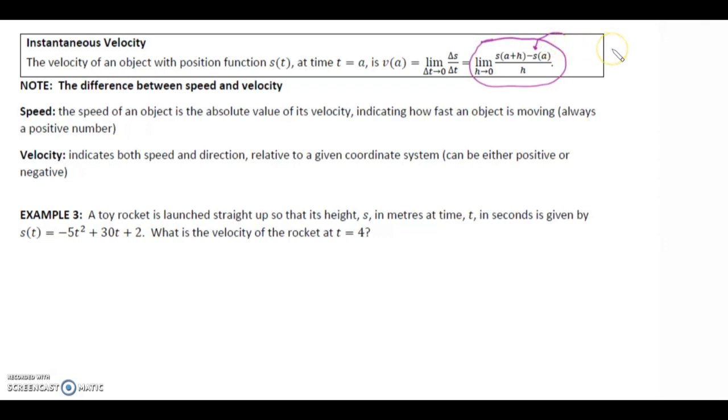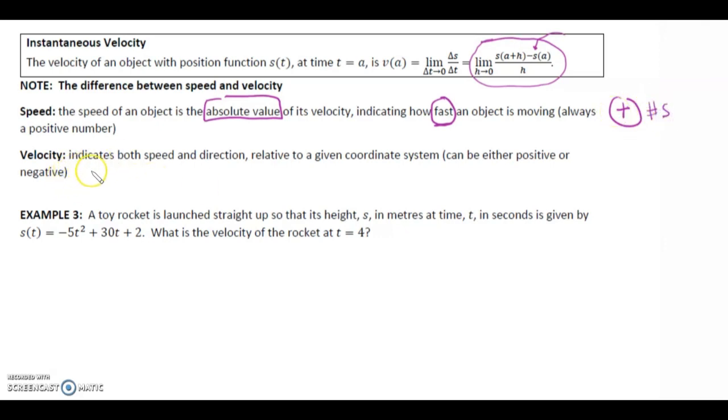Specifically displacement. So please note, here's the difference between speed and velocity. Speed. The speed of an object is the absolute value of its velocity, indicating how fast an object is moving. It only cares about how fast. It's always positive. Okay, positive numbers.